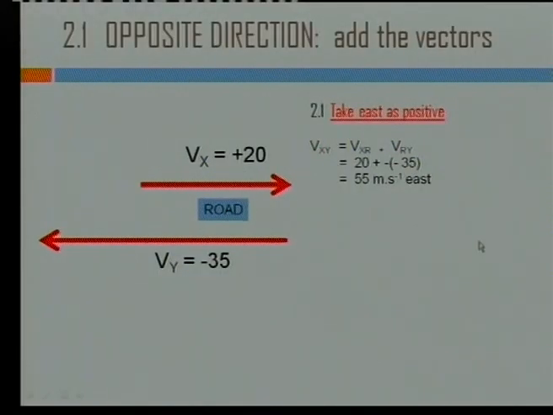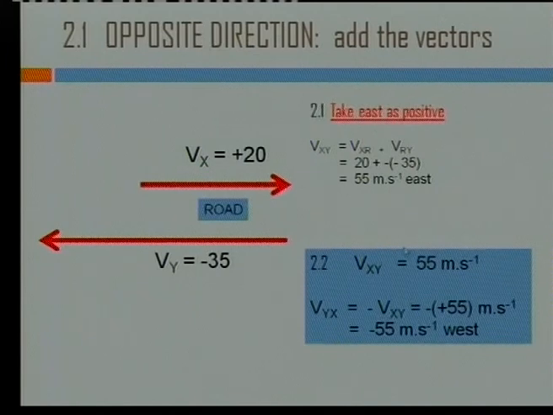Okay, let's look at the second part of this question. If I go to the screen again. All right, so now we know that the velocity of x relative to y is 55 meters per second. Now what if I change those subscripts around? What does that mean? I'm changing direction. That was a positive direction.